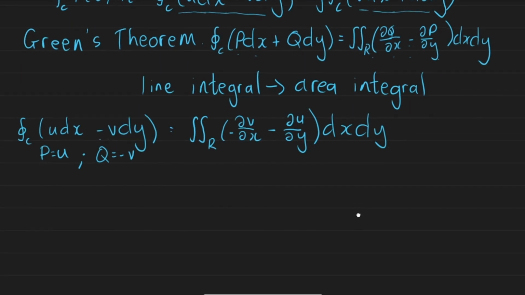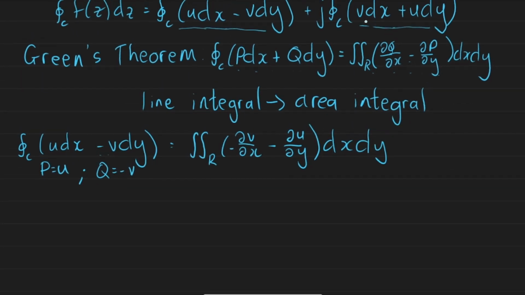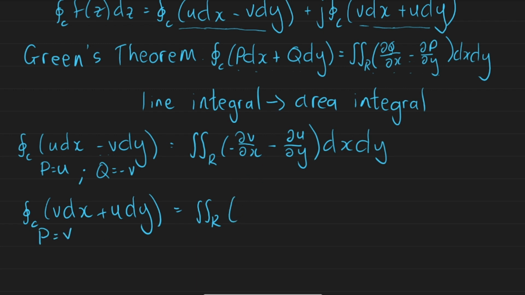So let's write this for the other integral as well. We have the line integral around a closed path of v dx plus u dy, and this is equal to the double integral around this closed region. Here p is equal to v and q is equal to u.